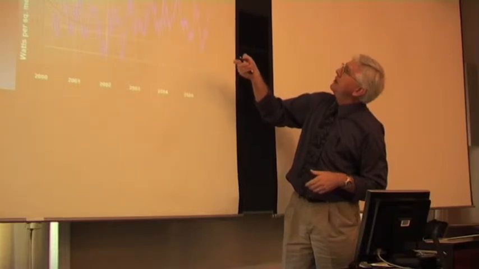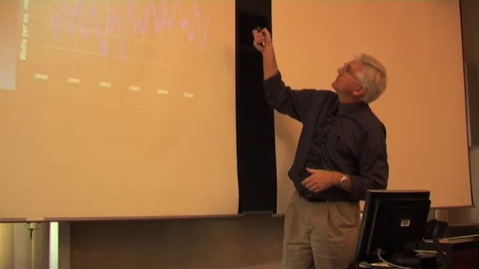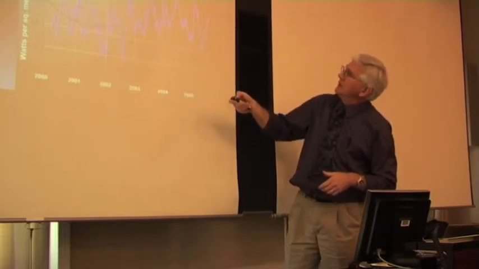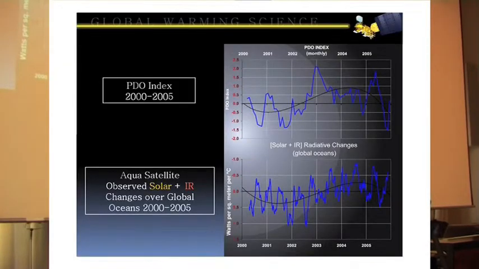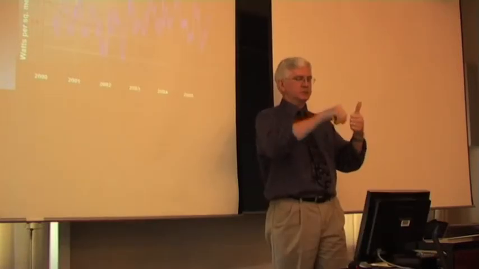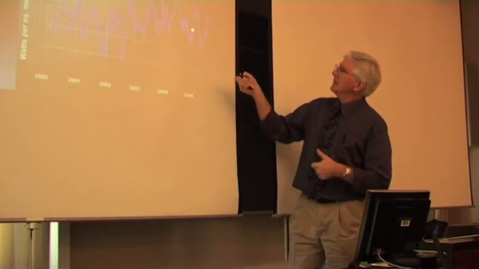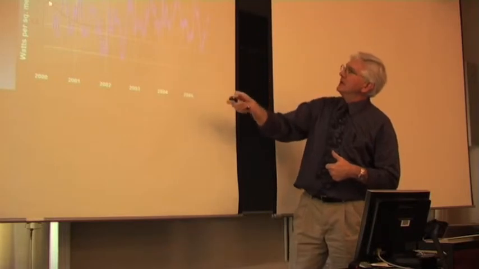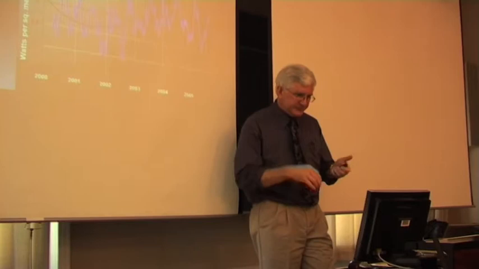This is how the PDO index varied during this satellite period of record since 2000. This is how this radiation imbalance of the Earth, the absorbed solar and emitted infrared, how that imbalance varied over time. It's in the right direction to cause warming and cooling.